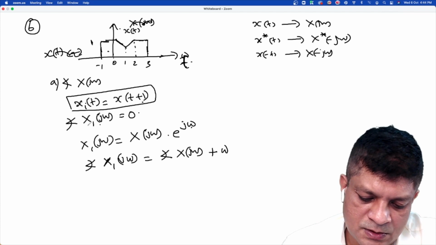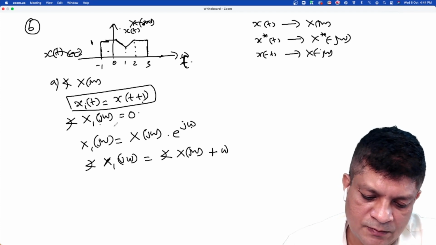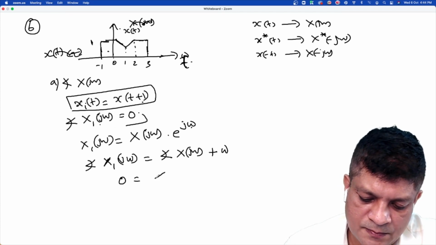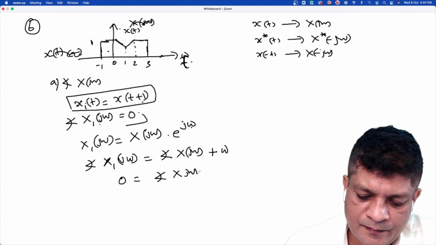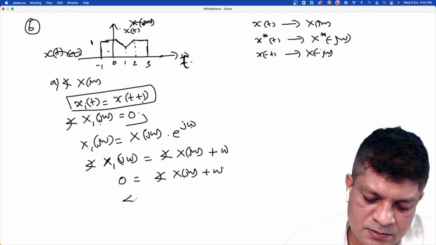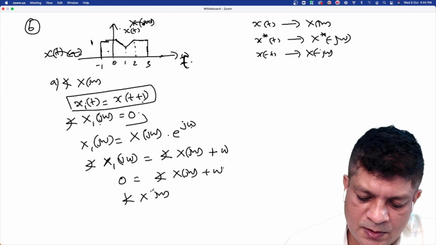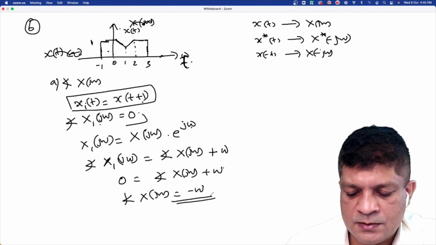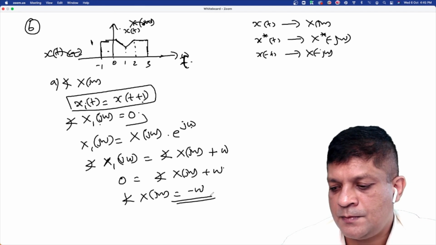Since x1(t) is even, this is 0, so the phase of X(j omega) is minus omega, isn't it?